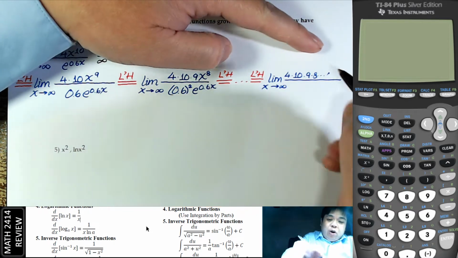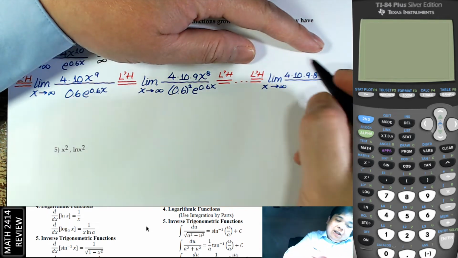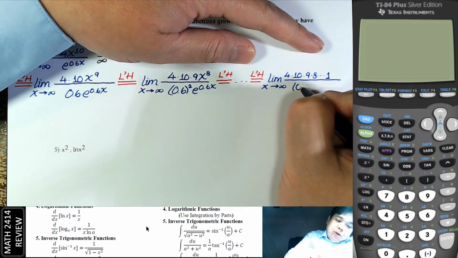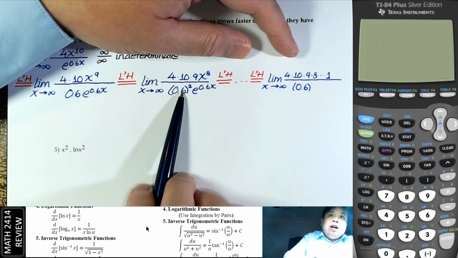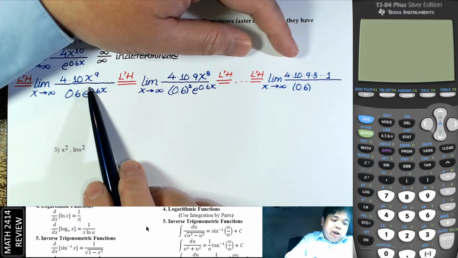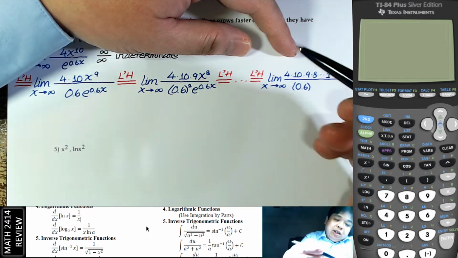Derivative of x is 1, so the bottom is going to be 1. And then here we have 0.6. Every time we take derivative, we have one extra factor of 0.6. So here we have 10, there's 1, 9, there will be 2, 1, so that will be to the 10 power.